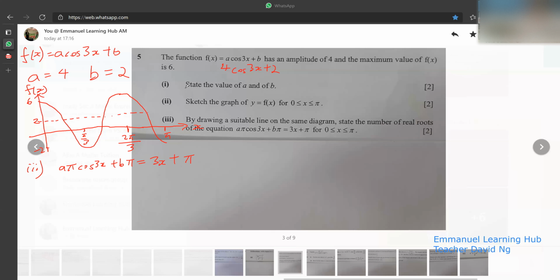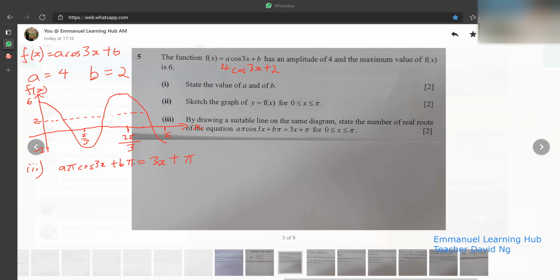They said I draw a straight line for this graph, and I can solve this equation. So how am I going to solve it? You see, f(x) is a cosine 3x plus b.